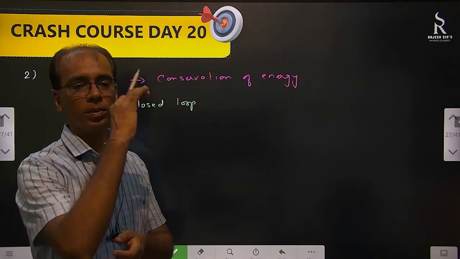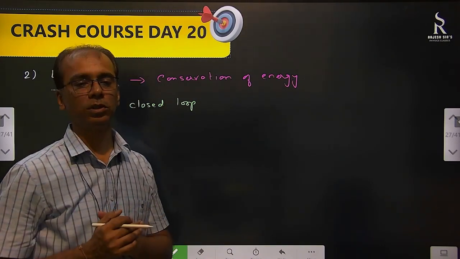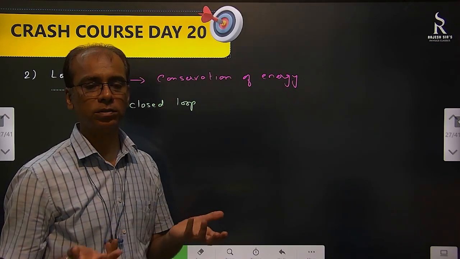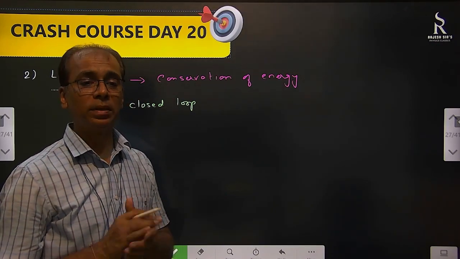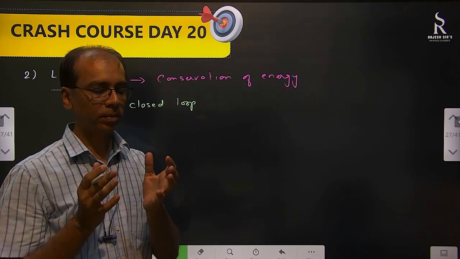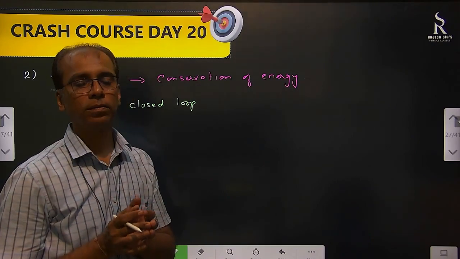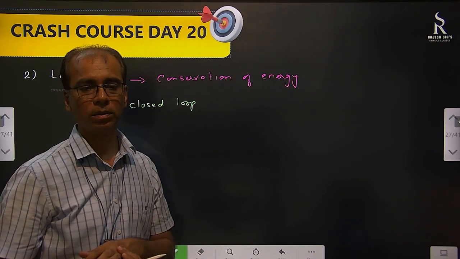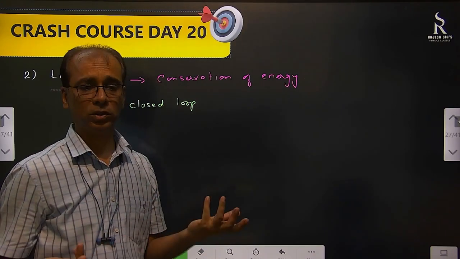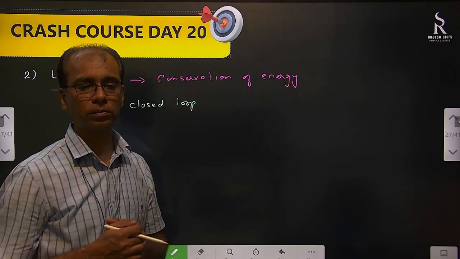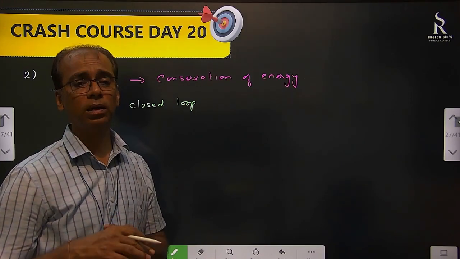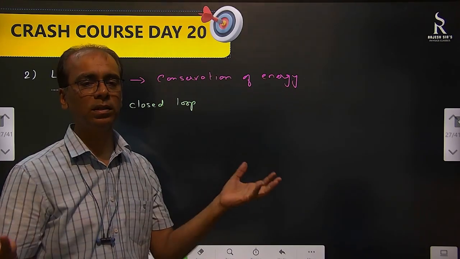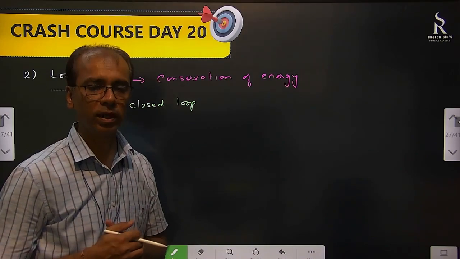So potential drop across all elements is equal to 0. Conservation of energy means that if the battery is giving a certain energy, that energy is utilized by the elements in the closed loop. So total energy is conserved. Work done by the battery is utilized in other forms of energy.